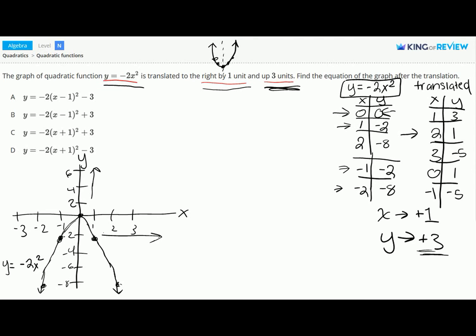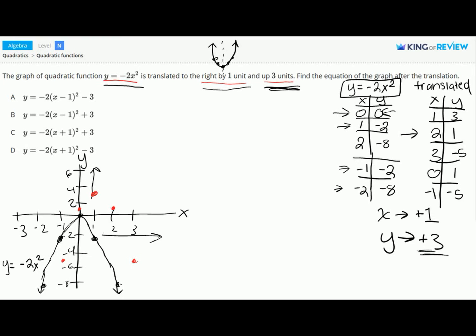Our first point is at 1, 3. That's right here. And this is our vertex. We have the point 2, 1, which is right here. The next point is at 3, negative 5, which is right here. We have a point at 0, 1, right here, and we have our point at negative 1, negative 5, which is right here.